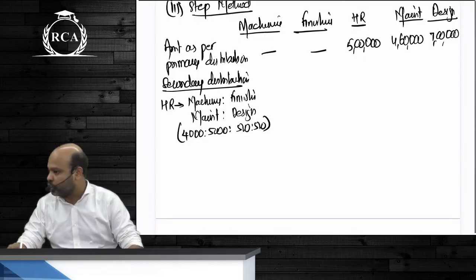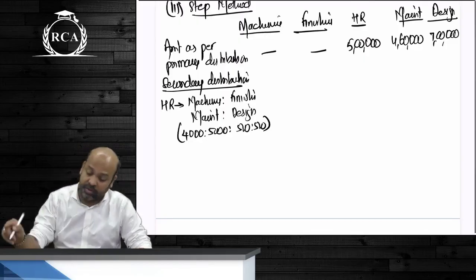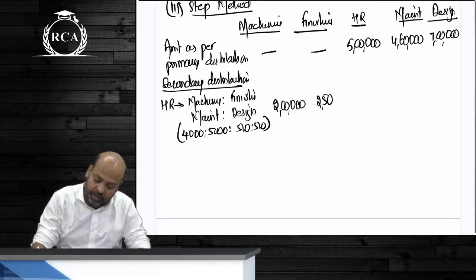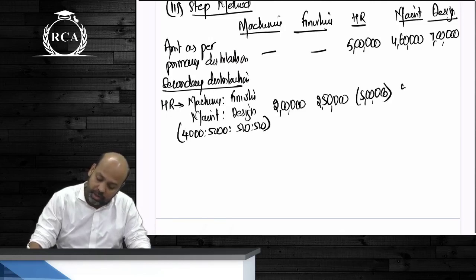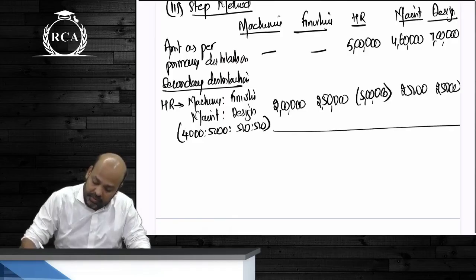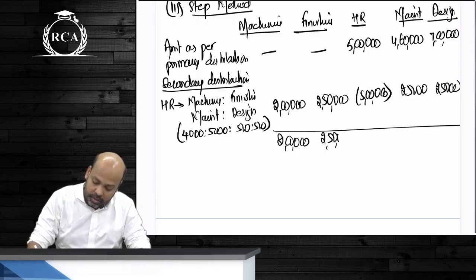You will have to apportion it only in the ratio, guys, in which you specify those departments. So this 5 lakhs beta, 2 lakh rupees will go to machining department, 2 lakh 50,000 will go to finishing department, 25,000 to maintenance, 25,000 to design department. After this beta, you will have 2 lakh 50,000, 0, 4 lakh 80,000 and 7 lakh 25,000.